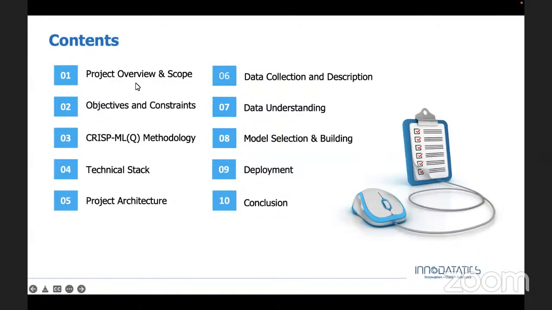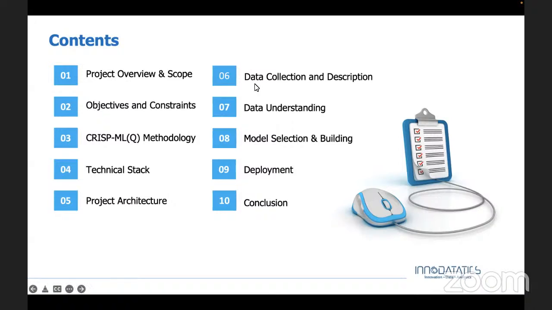Okay, so here is the agenda. We will understand the project overview and the scope, and then the objectives and constraints, the CRISP-ML(Q) methodology, what technical stack was used, what the project architecture was, and how we pulled the data. How did we deploy the model in production? How do we serve the model in real time?